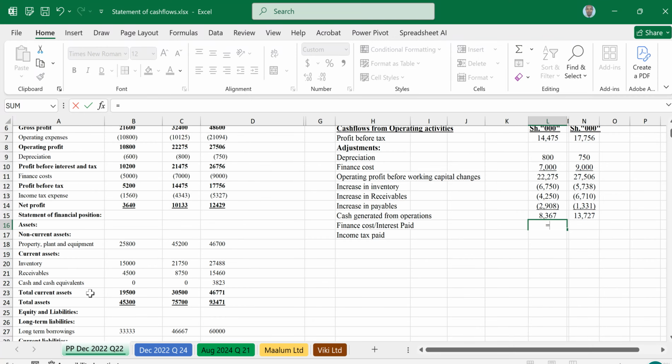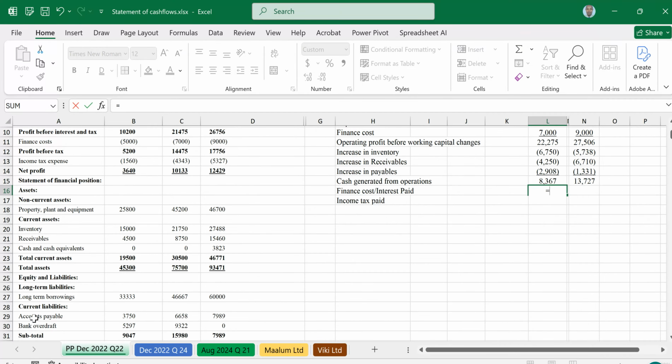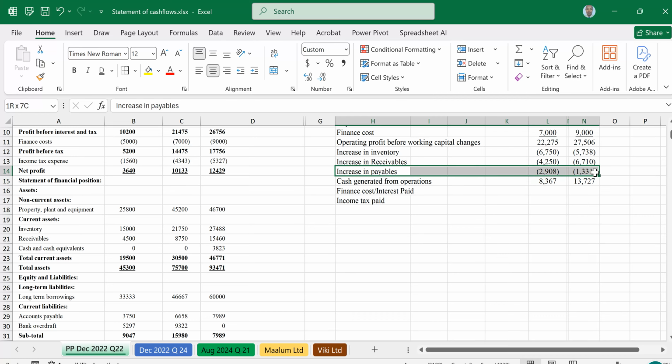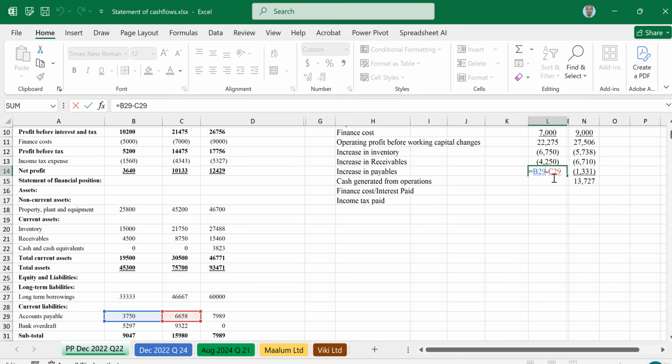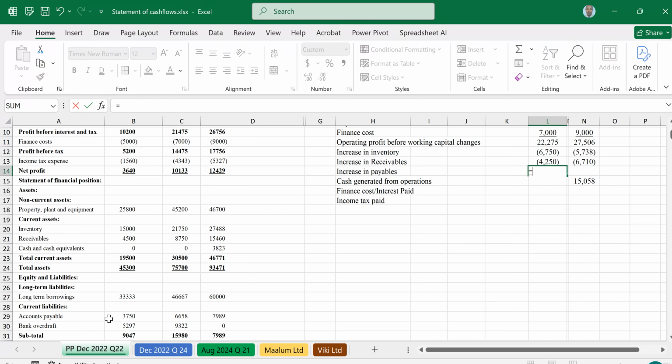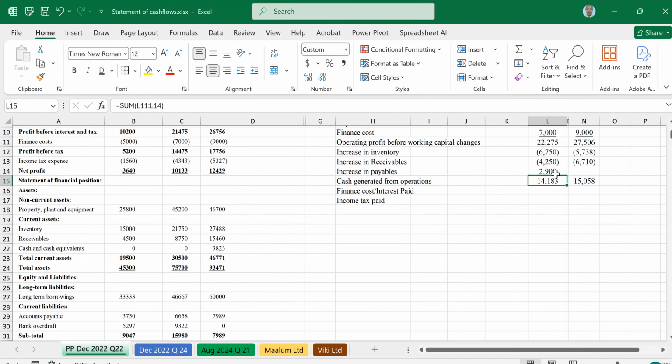Under liabilities, you can see that under current liability, there is no interest. So we adjust the increase in payables. The increase in payable is not an outflow. The increase in payable is an inflow. So this one changes. It will be the other way around. Just reverse the formulas. So increase in payable is an inflow, and therefore you take 6658 minus 3750 so that you get a positive figure.